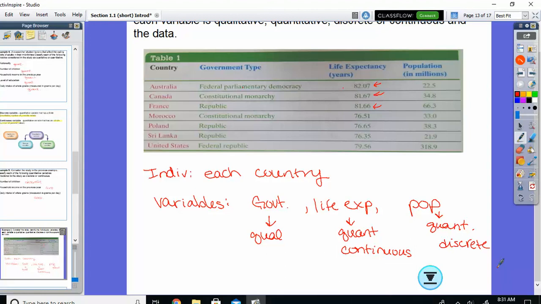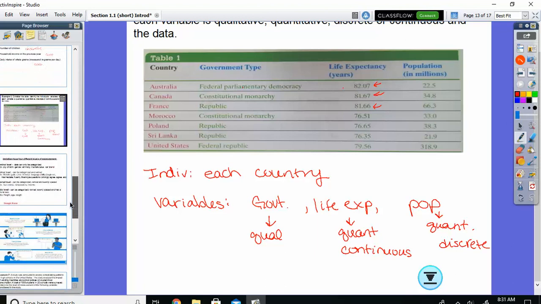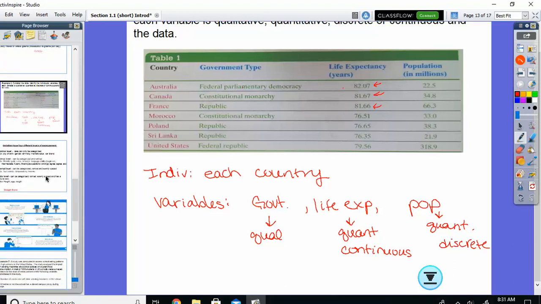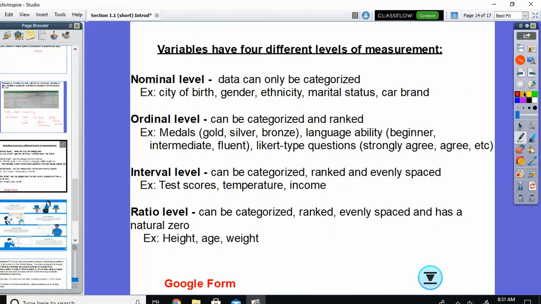You guys understand all of these terms and what they mean? Last thing. This is probably the hardest part that we're doing today. We can talk about levels of measurement.